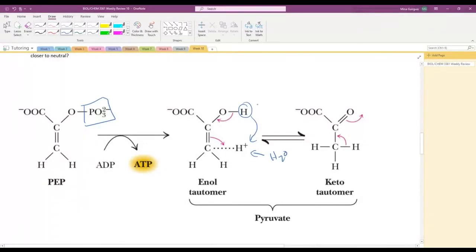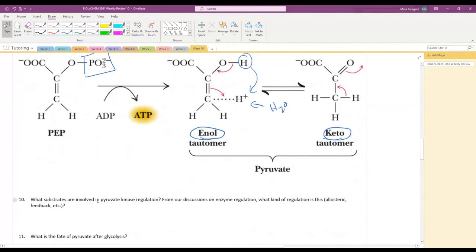But for convenience, we'll say that a hydrogen is released and a hydrogen binds. And what that does for us is it removes that really unstable enol form and gives us a keto form. In other words, it makes phosphoenol pyruvate not have to be an enol anymore. And that's great for it, and that's what drives reaction 10.